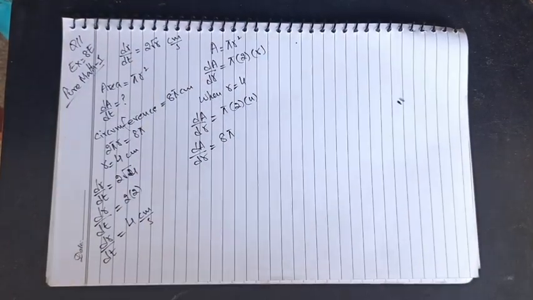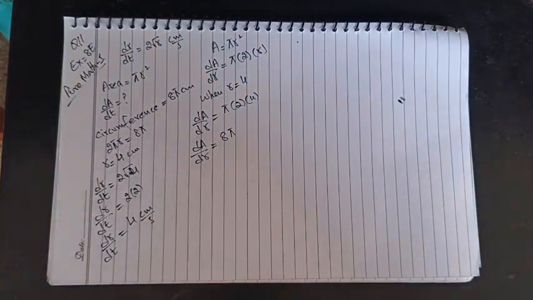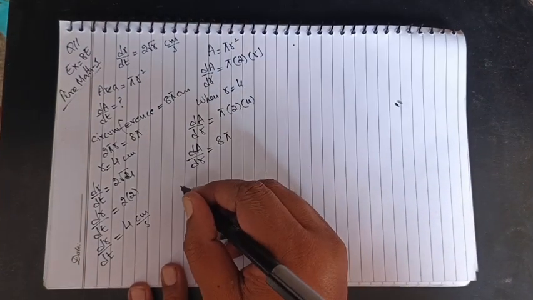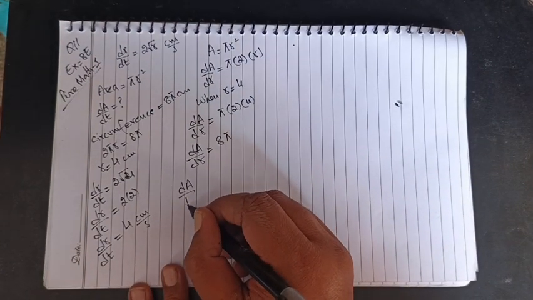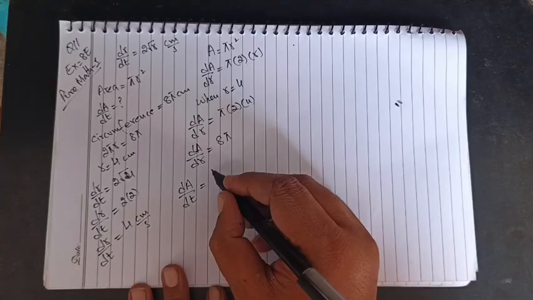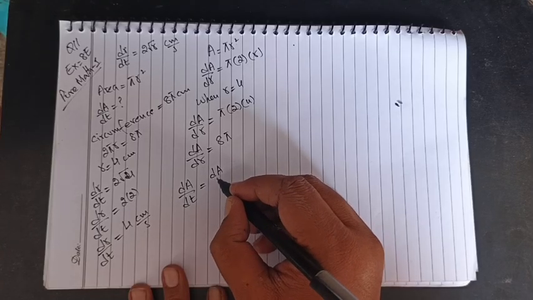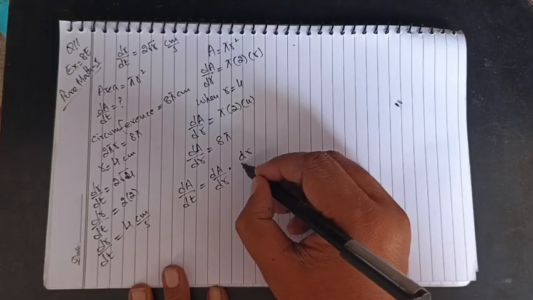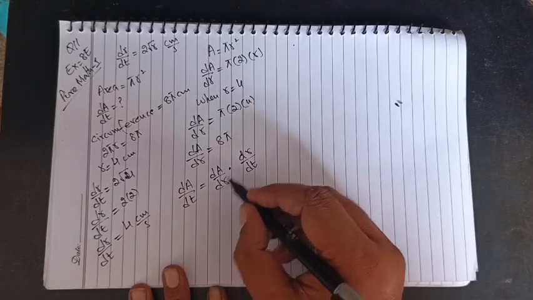Because I want to find out the value of the dA by the dt, I will apply the chain rule. dA by the dt will be equal to the dA by the dr into the dr by the dt. This and this will be cancelled.